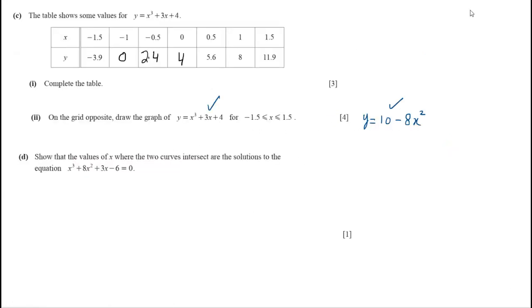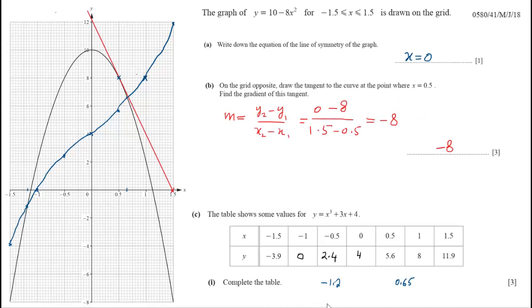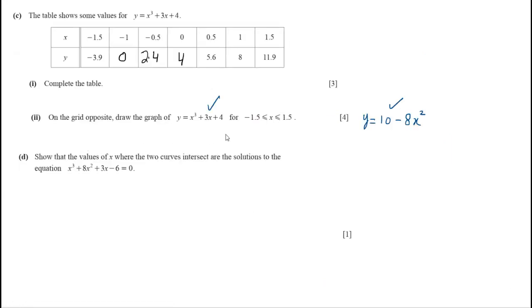Okay. Now it is asking us to show that the values of x where the two curves intersect are the solution of this equation. Now I have just told you that the points of intersection where the x value is minus 1.2 and 0.65 are the solution of these two curves, and those two curves have these functions.